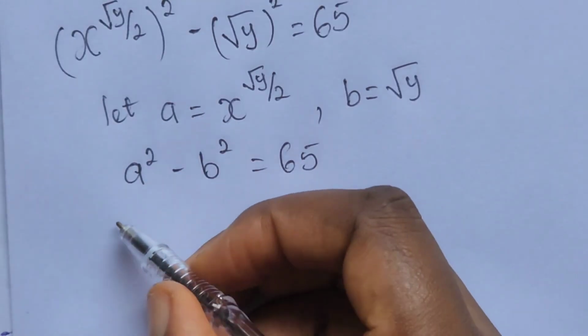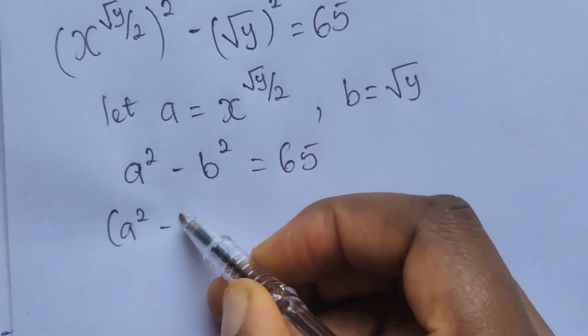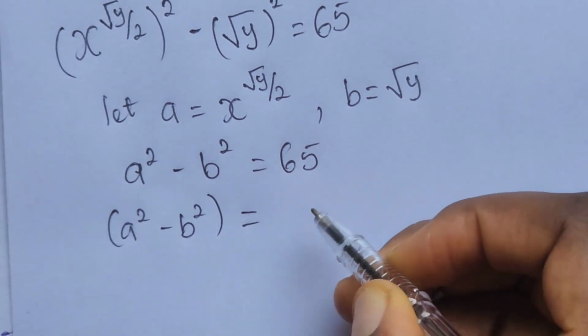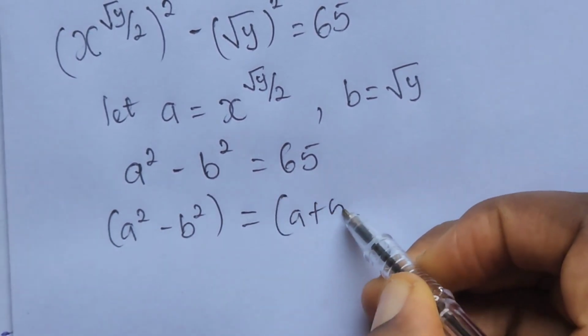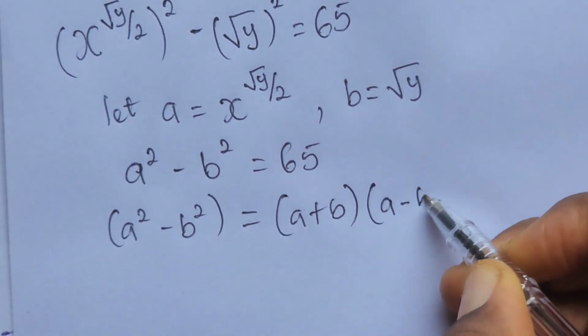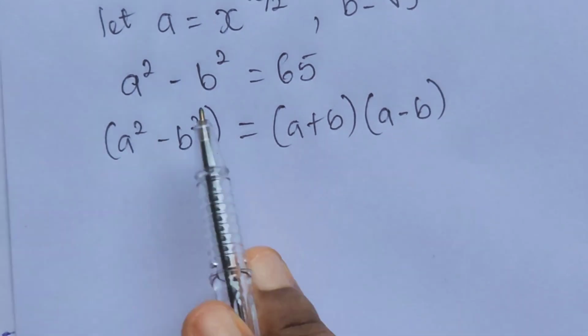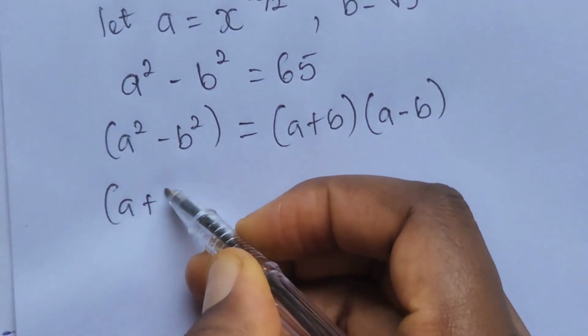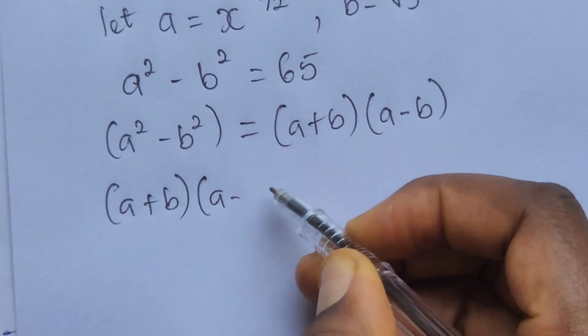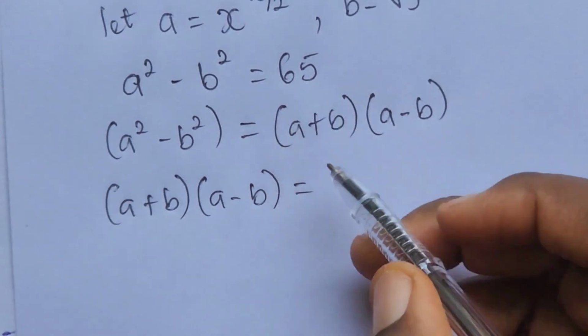A squared minus b squared is equal to a plus b times a minus b. So when we replace this here, we have a plus b times a minus b, all equal to 65.